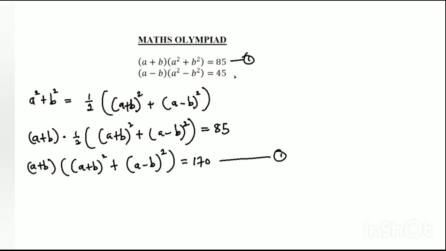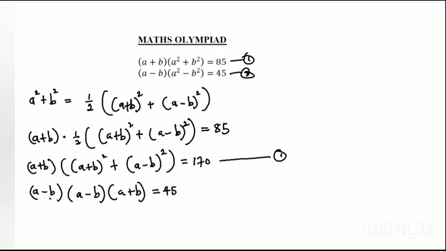Now let's rewrite this second equation here. Of course, we should observe the difference of two squares here. So on the right hand side I will have a minus b, and for the difference of two squares it becomes a minus b and then a plus b, which is equal to 45.